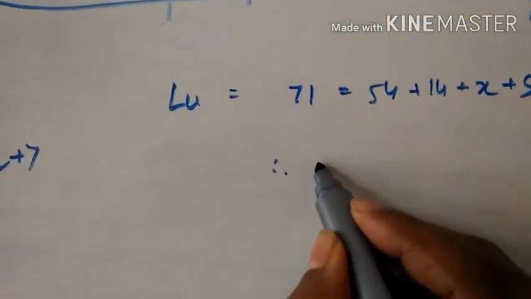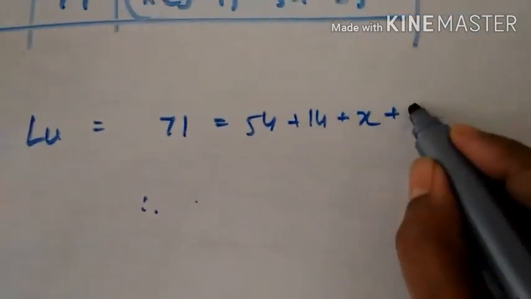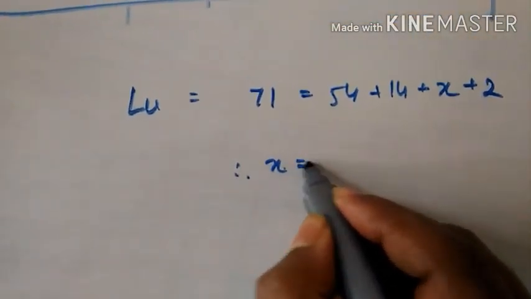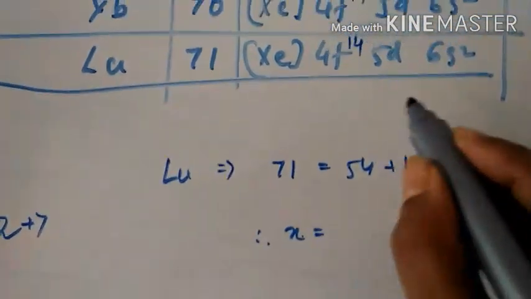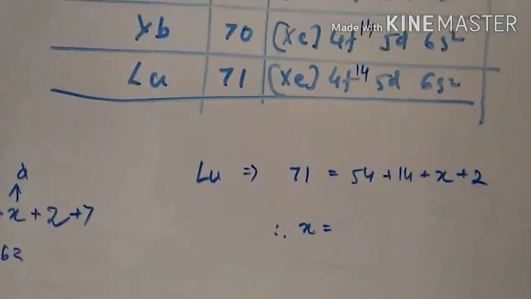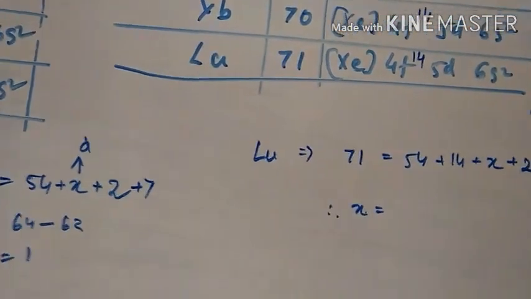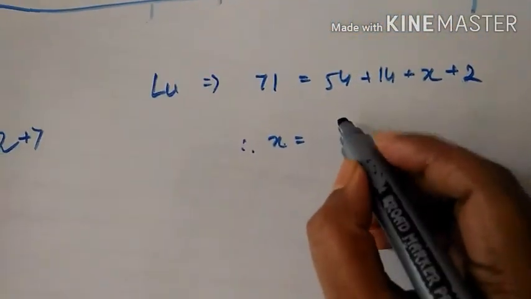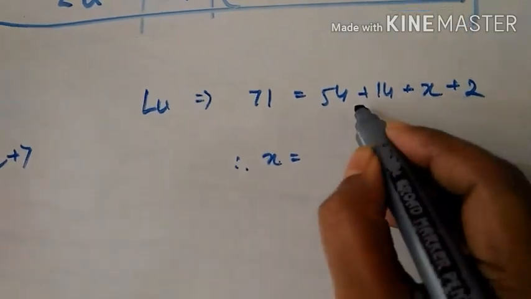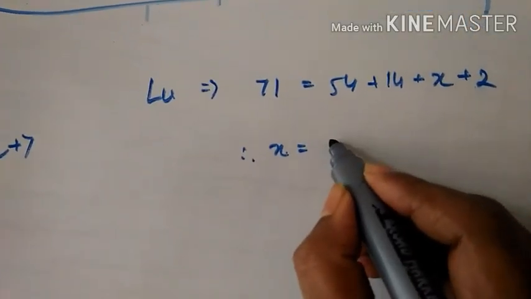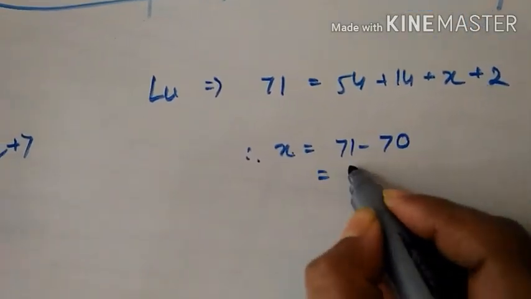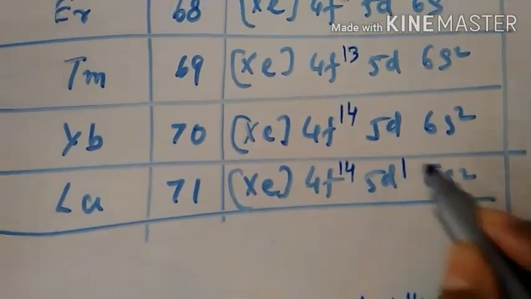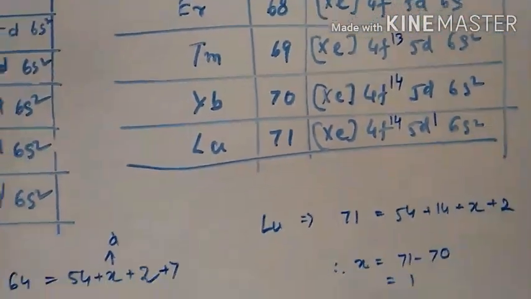So from here if we calculate the D electrons for lutetium, how much do we have to calculate? 71 minus 70, so 1. So here also it is 1 electron. Okay, so this is how we can calculate.